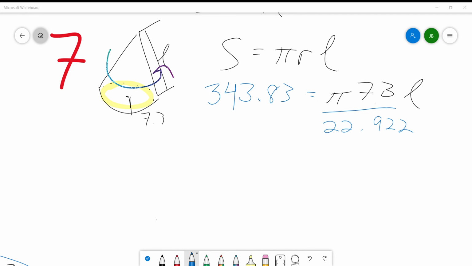So 343.83 divided by 22.922, and look, I get exactly a whole beautiful even number: 15 equals the slant height. I feel very strongly confident about that. A whole number tells me that this answer is probably correct. 15 centimeters, yep. Don't forget to label your units.